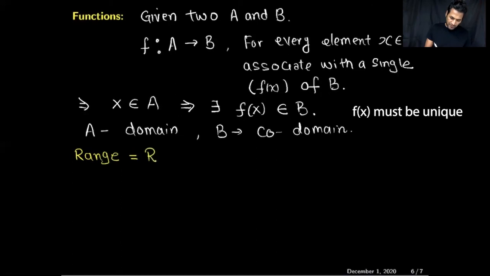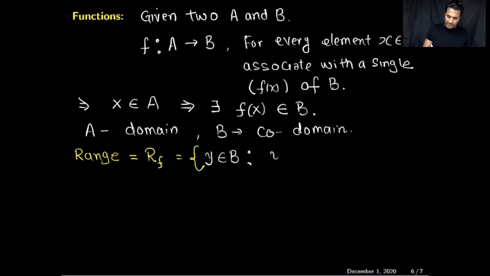Most of the time it is denoted by Rf, and the range of the function will contain the elements of the set B. Let's suppose y belongs to the set B, and this y is coming from the relation with an element of the set A, for every element of the set A. So this is the definition of the range of the function.